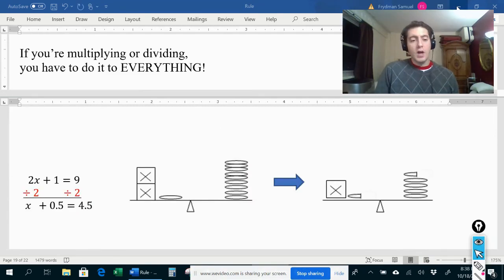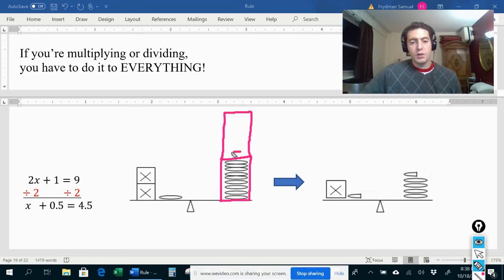Now, even though I just gave you a division example, it's important to understand that the same principle applies for multiplication. So what if I had, instead of cutting the weight in half, what if I had doubled the weight of this side? So instead of having 9 stones, what if I put another 9 stones here?